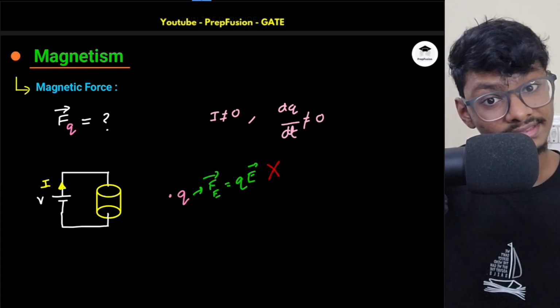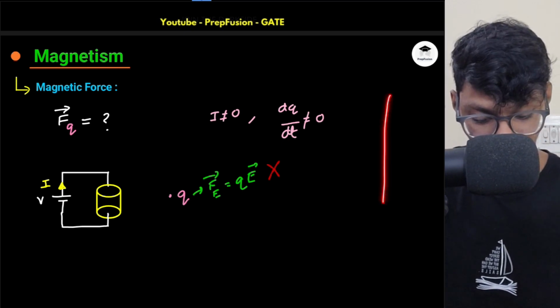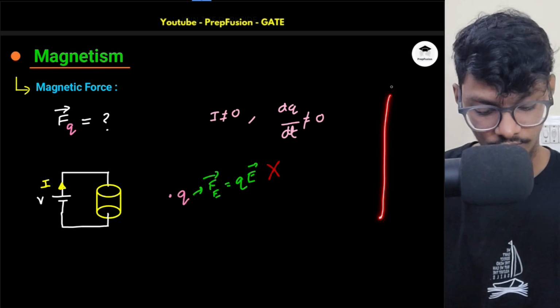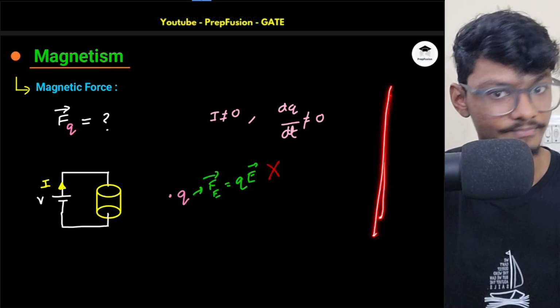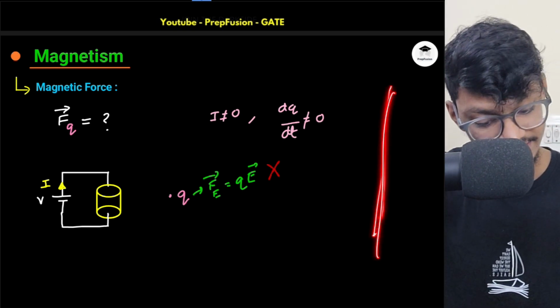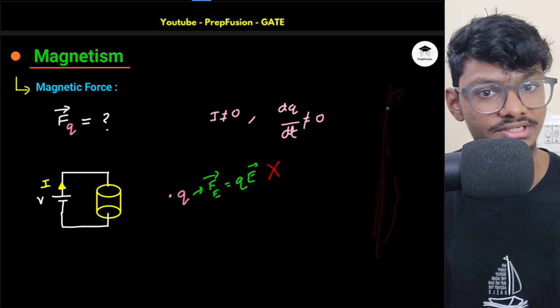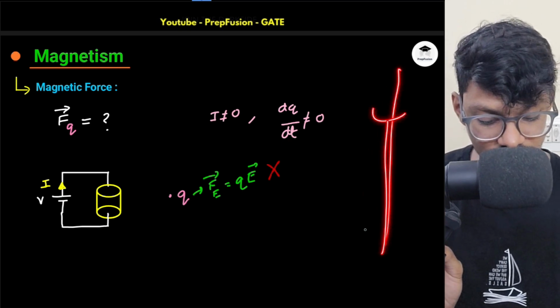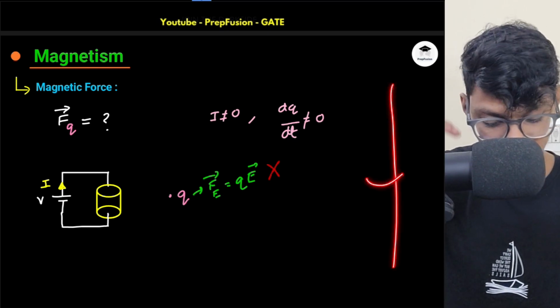So this is not like that configuration where I had a wire of uniform line charge density. It is not that case. There the charges were stationary at the surface. But here they are not stationary. Charges are constantly moving. So if charge is constantly moving, what will happen?